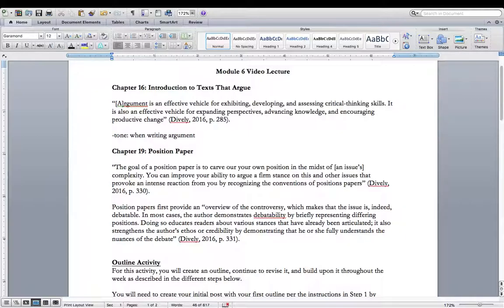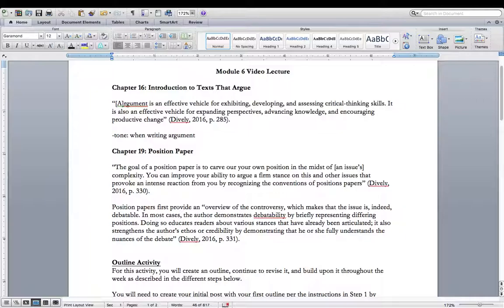So I am extrapolating, but she doesn't explicitly use the term academic writing. She calls it a position paper or a profile, but she never really calls it academic writing. I'm not sure why, but that's the type of writing she's talking about.